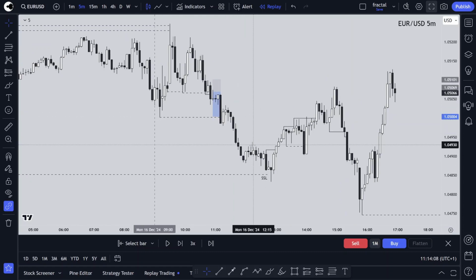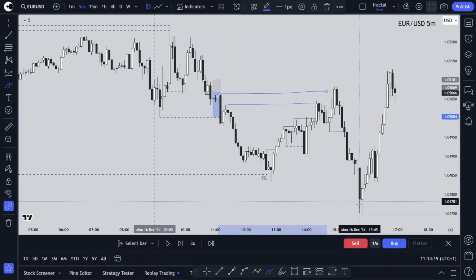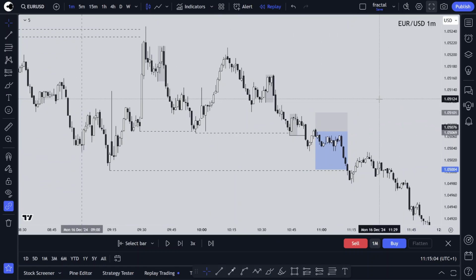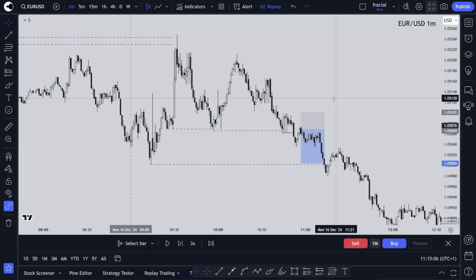I expected a reaction to the upside to take out some liquidity, and this is what happened. For example, price took out this level and then reacted again. So this was my really easy trade, because I just followed the liquidity.